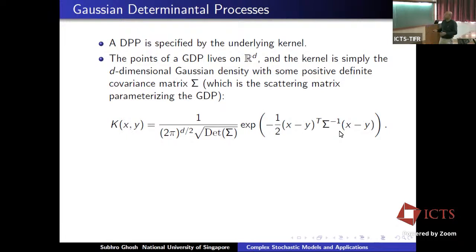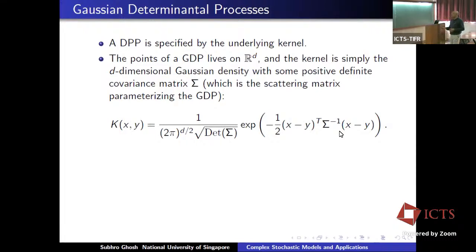Okay, so there are two quantities here. One is the correlation between the points in the physical space, and then there is this quantity sigma, which is the covariance matrix of the Gaussian, and we want to separate these two concepts very neatly, so we use the name scattering matrix for sigma.